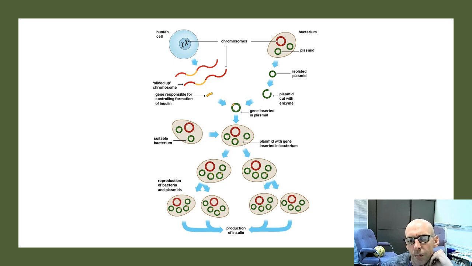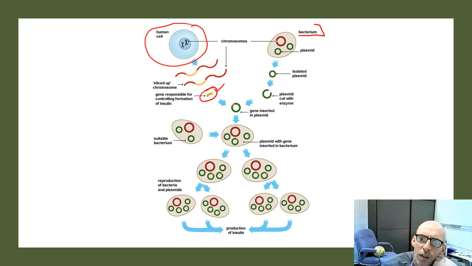Looks really complicated, but in terms of the basics, here is a human cell with its 23 pairs of chromosomes. Here we've taken out one gene from it. So we've only borrowed one of your cells and we've taken this gene from that one cell. No effect on you at all.